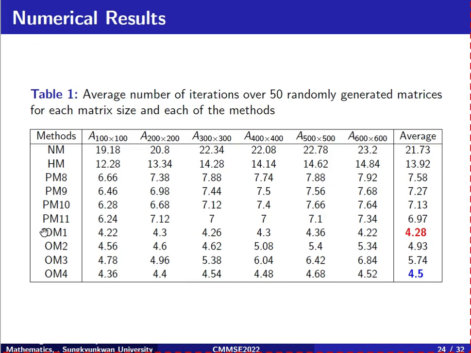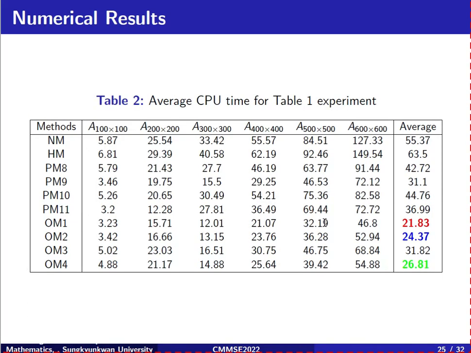If we look into this table, you can see that our method OM1 takes the least number of iterations for convergence on average, followed by our method OM4. Also, we measured the average CPU time for the same experiment.